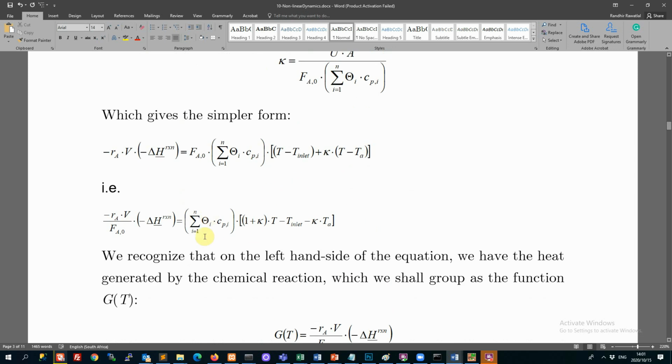So that's this part. And then on the left hand side, we have the response by the system. So this is the energy, the thermal energy given off due to the reaction. So as the reaction proceeds and reactants become products, then the chemical energy changes.